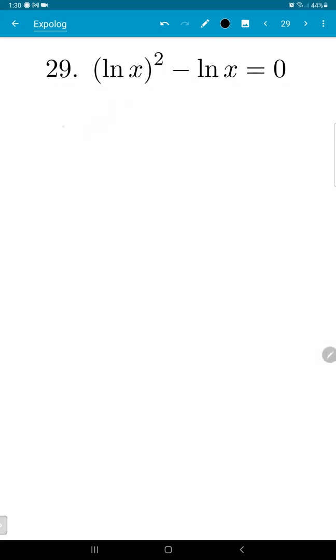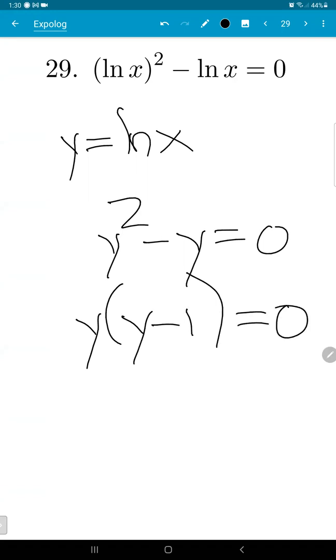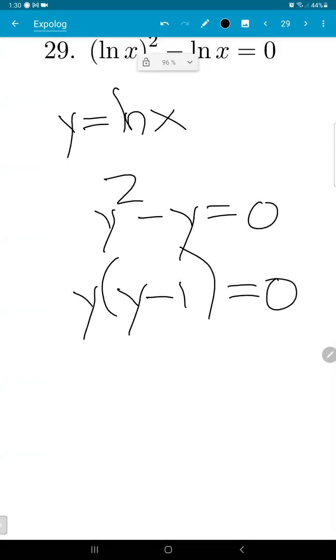So let y equals ln x. Or any other variable. So in terms of y, it becomes y squared minus y equals 0. And this is quadratic in y, which you have to factor out, giving you two possible cases: y equals 0, y equals 1, and y is ln x.